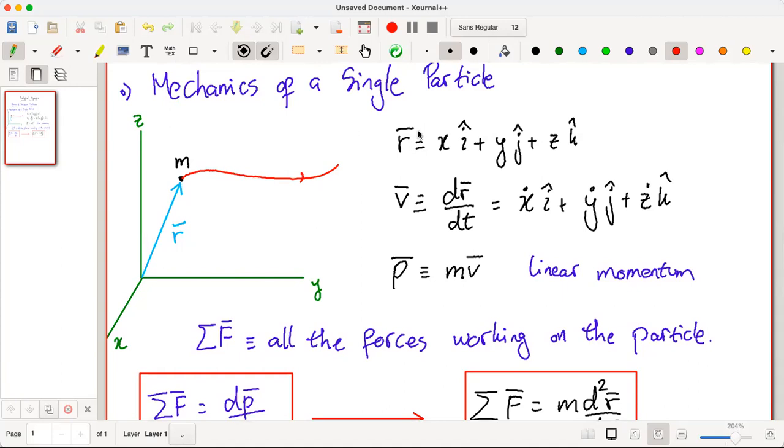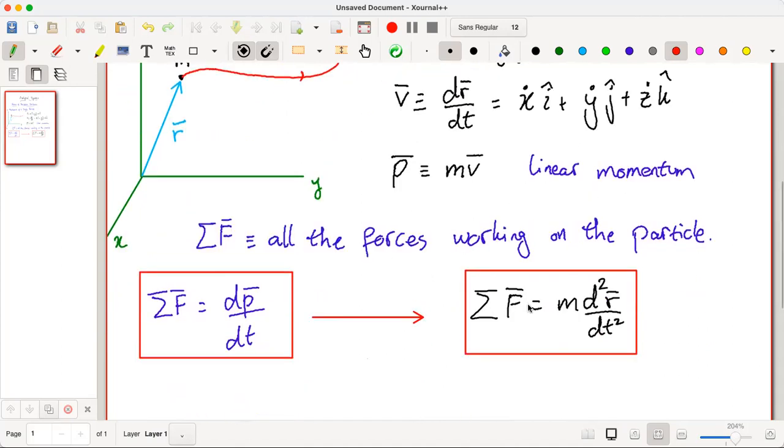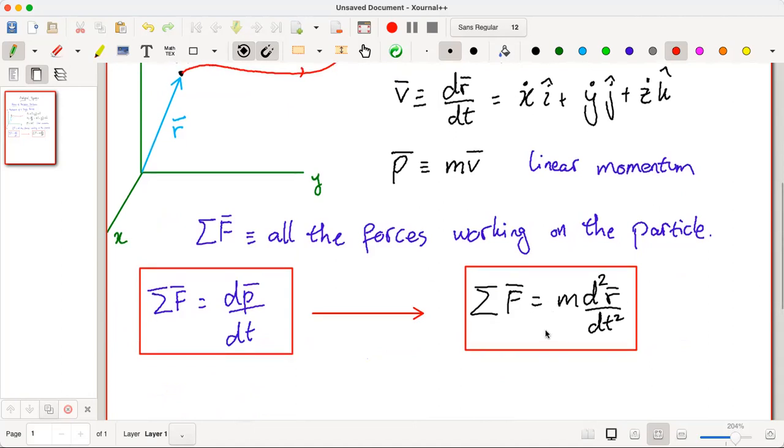So for any given time, you can know where the particle is, what its velocity is, its energy, its momentum, etc. So in principle, by solving this equation, you know about the system or the particle. The problem in mechanics is always solving this equation. All the problems in mechanics are always solving this equation.